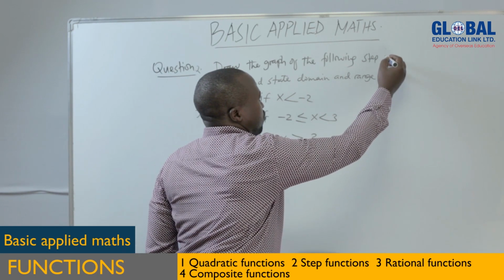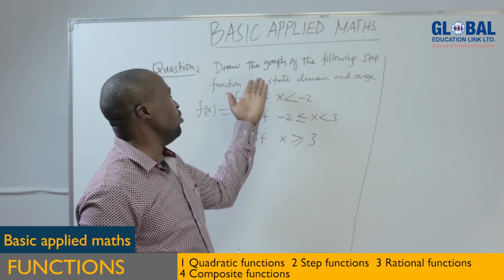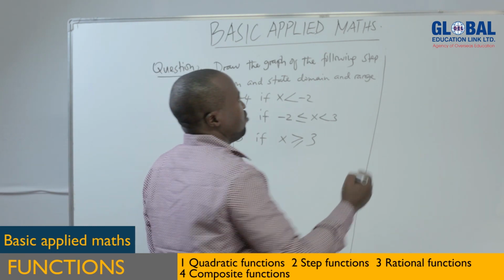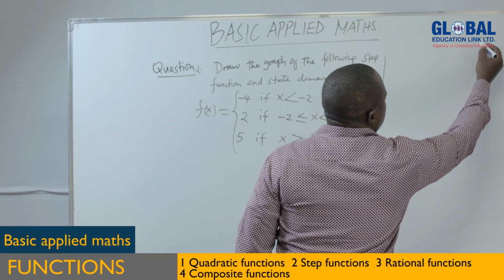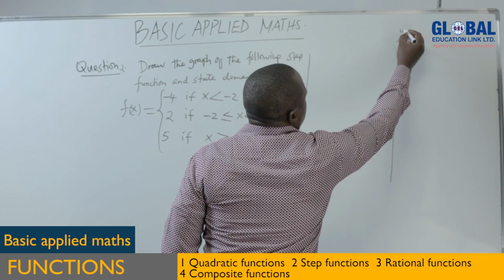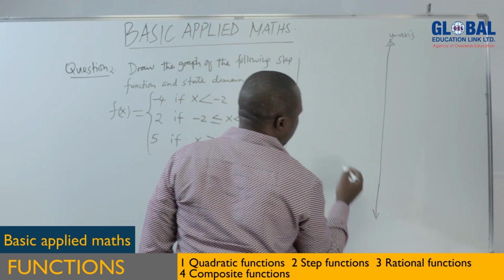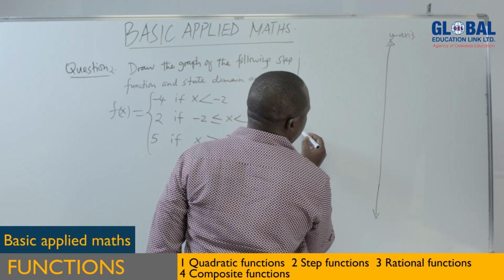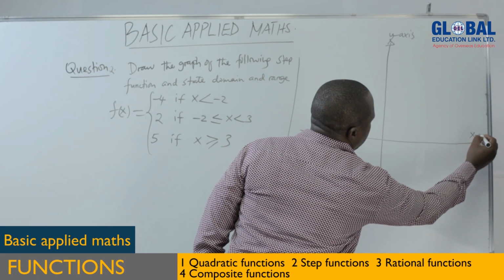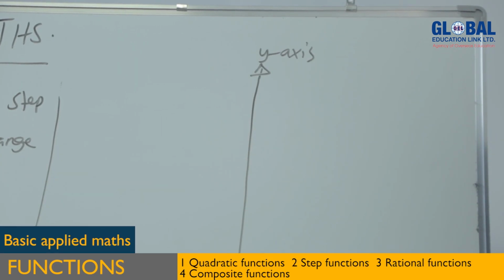Now, proceed as follows. Since it is a step function and we need to draw the graph, you prepare the x and the y axis. So starting with the y axis, of course followed by the x axis. Call this the x axis, and indicate the origin, that is 0.